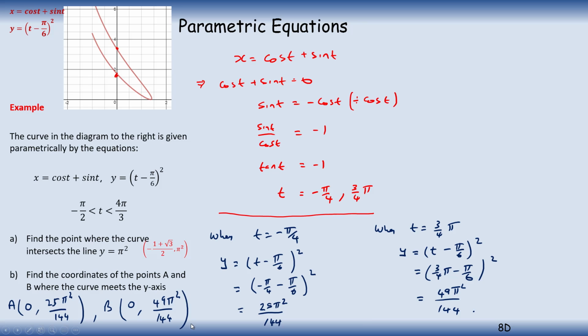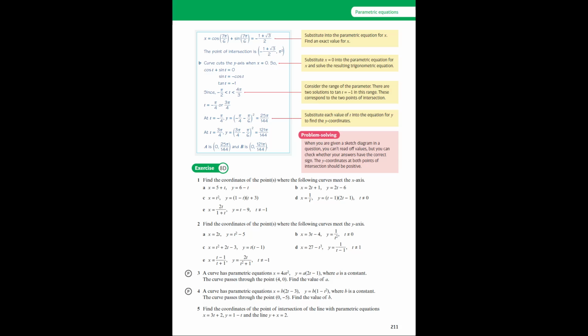Good. Hit pause, make some notes, and when you're ready, hit play again, and you can attempt some questions for me. Okay, some questions. For questions 1 and 2, I'd say left hand side of the page, so ACE, ACE, and then maybe odd questions then, because they're quite similar.